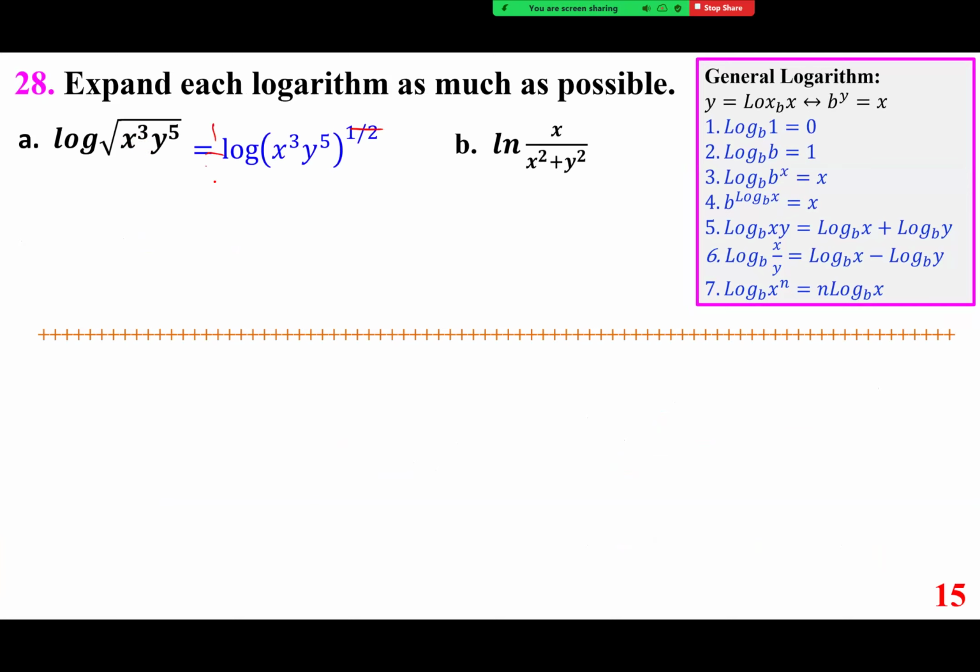This becomes the coefficient, and you write 1/2. log of x cubed plus log of y to the power of 5. So 1/2 sits in front.